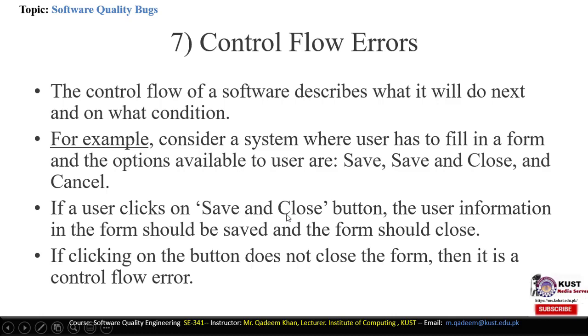If clicking on the button doesn't close the form, then it is a control flow error. Control flow means that if two or more modules are combined to perform a functionality, such as saving and then closing, and one of them is not working, that is also called a control flow error.